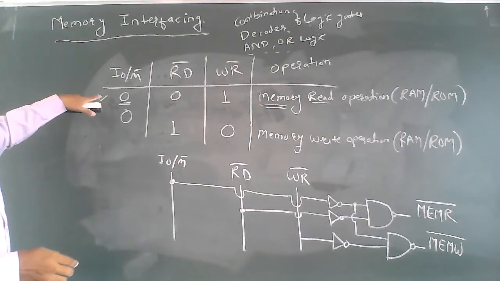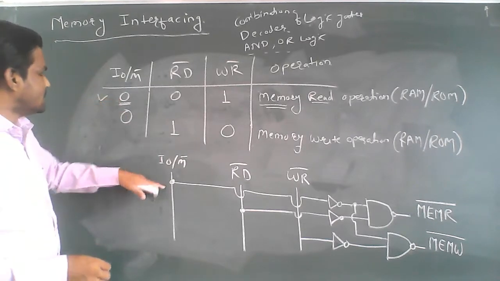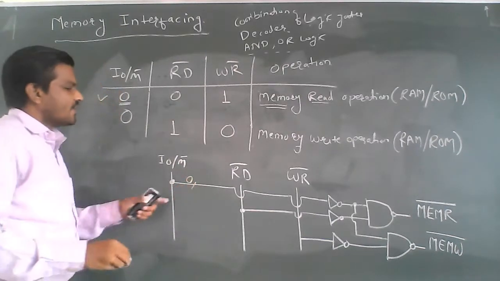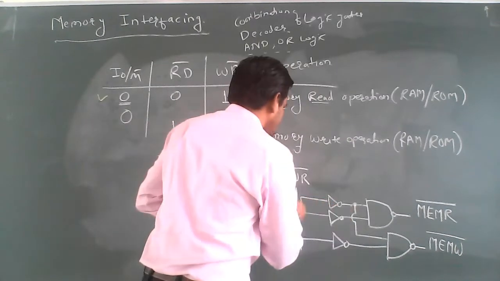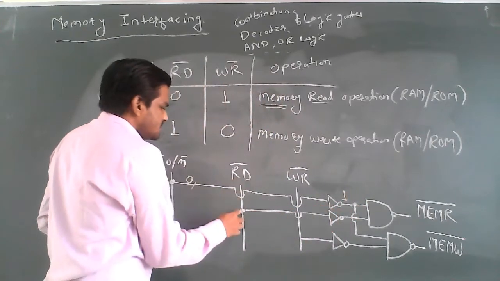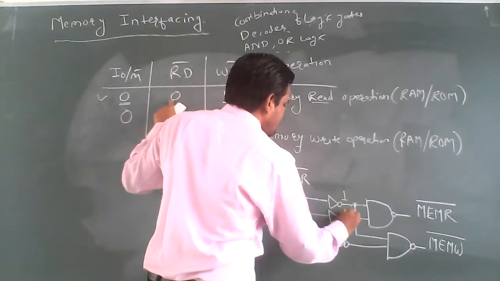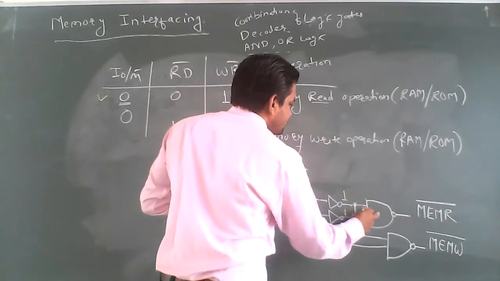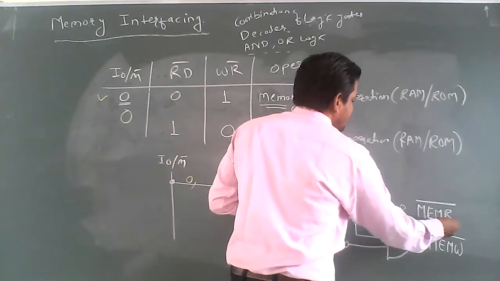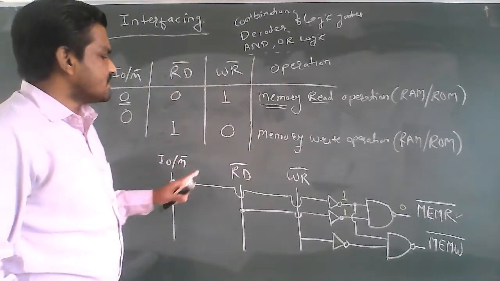Let us check this first condition. We have this at 0, and this at 0. So this 0 becomes 1 after this inverter. Then RD bar is 0, so 0 becomes 1 here. So 1 and 1 becomes 0 here, so it acts as a memory read operation.